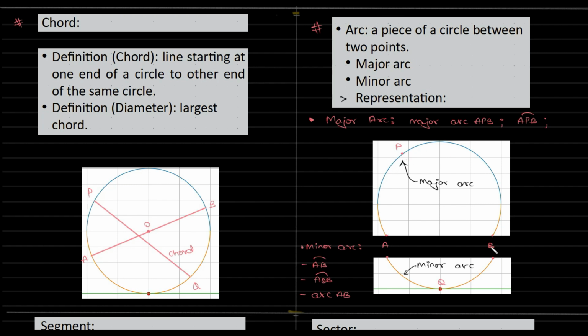So APB and an arc symbol. If not, write major arc and then APB. We can also write this as minor arc AB, if not just arc AB. Again, there are ways out there which I would have not mentioned, but yes, these are the major ways.